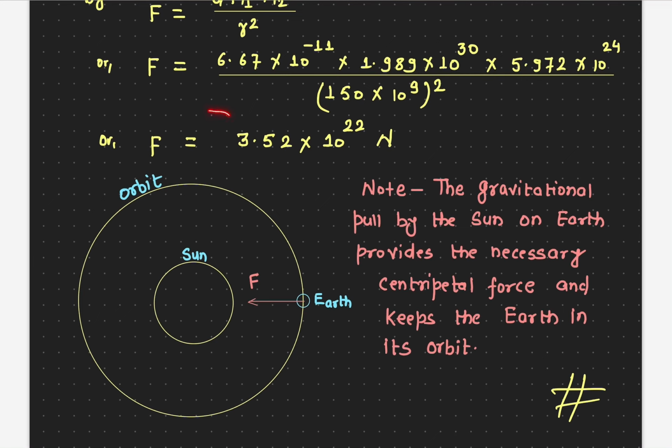This gravitational force, this humongous force, provides the necessary centripetal force for the Earth to move around the Sun. Without this force, Earth would fly away in a tangential path. So because of this force, Earth is able to move around the Sun. In other words, this force provides the Earth the necessary centripetal force and keeps the Earth in its orbit.